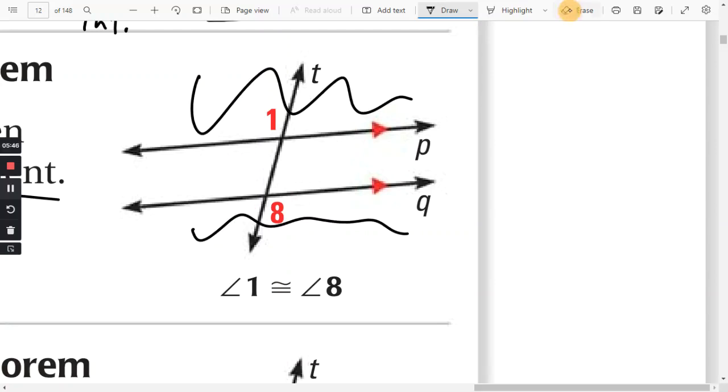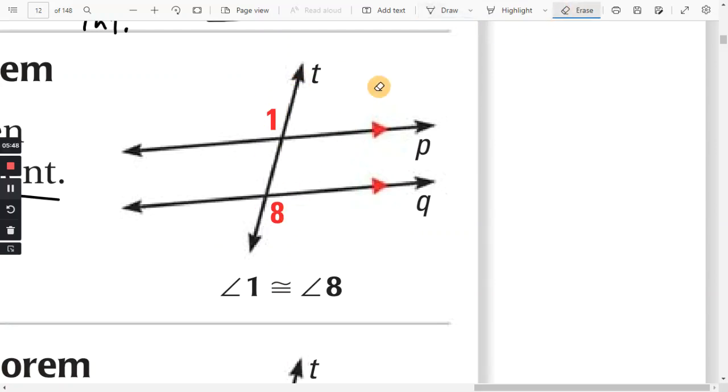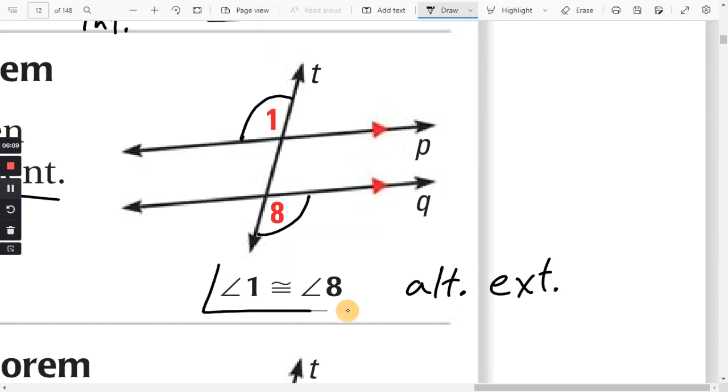It's the part that's not in between the parallel lines. And alternate means that one angle is on the left and the other angle is on the right. Okay, they cannot be adjacent or next to each other. So these are alternate, I'll just abbreviate, alternate exterior. Okay, and alternate exterior angles are congruent.